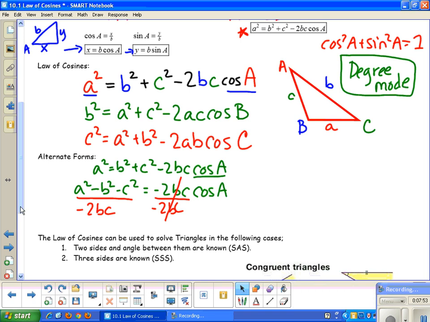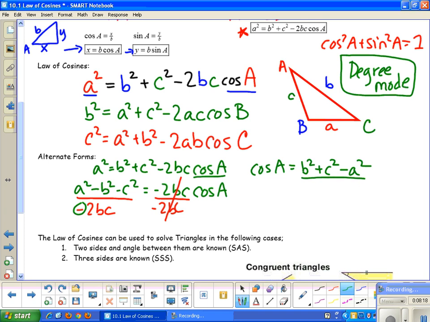So this would be gone, and I'd be left with the cosine of A is equal to, normally we don't like to have negatives in the denominator, so I'm going to take that out by changing all the signs in my numerator and switching it around a little bit. So A would be negative, B would be positive, and C would be positive, so I would write that as B squared plus C squared minus A squared over 2BC.